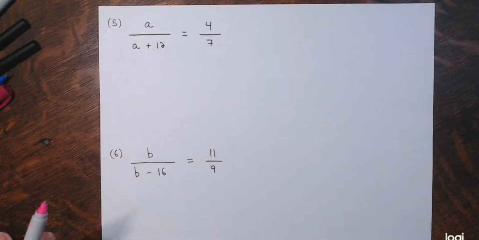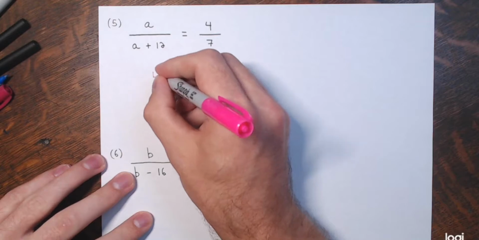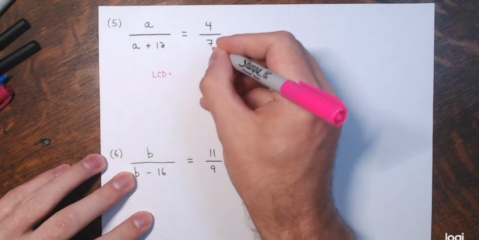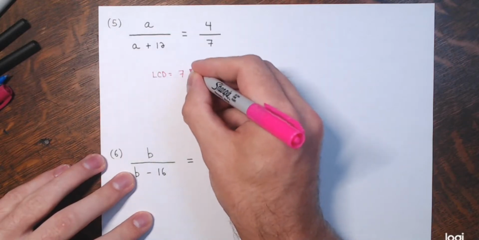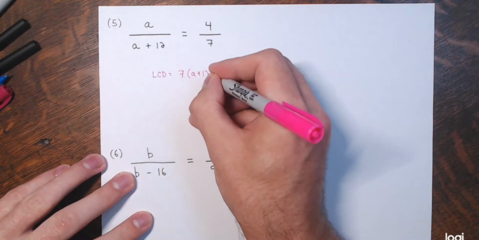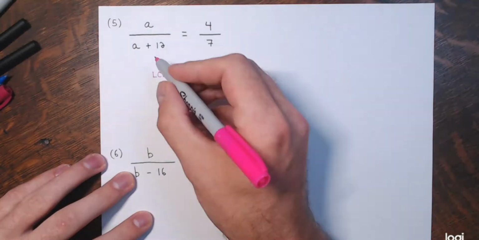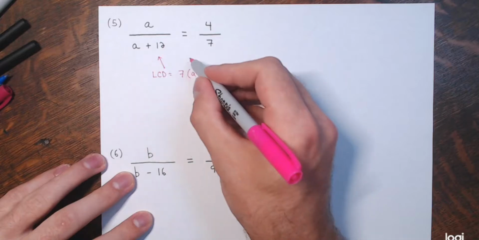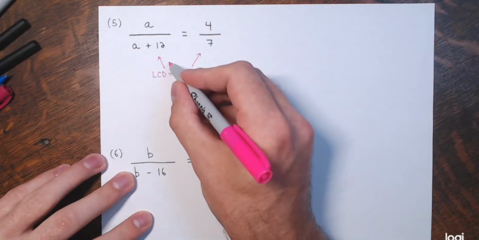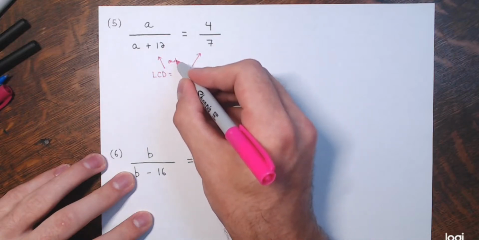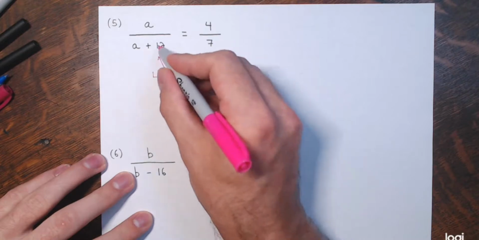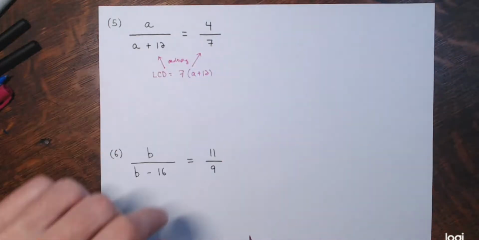All right, so the LCD is just 7 times the quantity a plus 12, right? Just the product of those two denominators. And here's what I'm going to do now. I'm going to write little arrows saying we're multiplying both sides, each fraction, by this LCD.